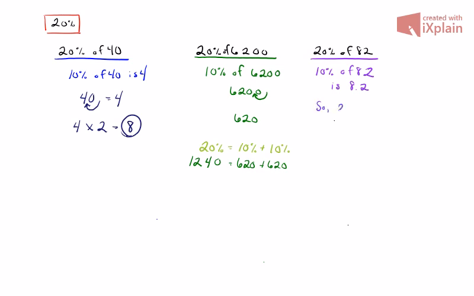So 20% of 8.2, not 8.2, sorry, of 82, is going to be 8.2 plus 8.2, or if you want to look at it as 8.2 times 2, in either case we're going to get 16.4 as our solution.